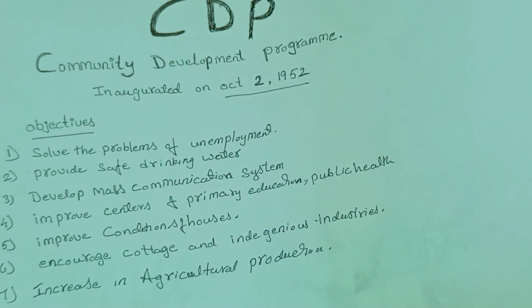The next is to improve the housing condition of village people. And on occupation, to encourage cottage industry and indigenous handicrafts. The next is to bring about the maximum possible increase in agricultural production. So these are the 7 points or objectives of community development.